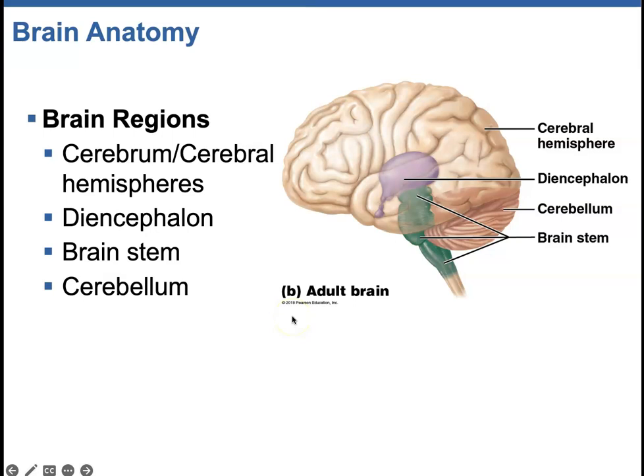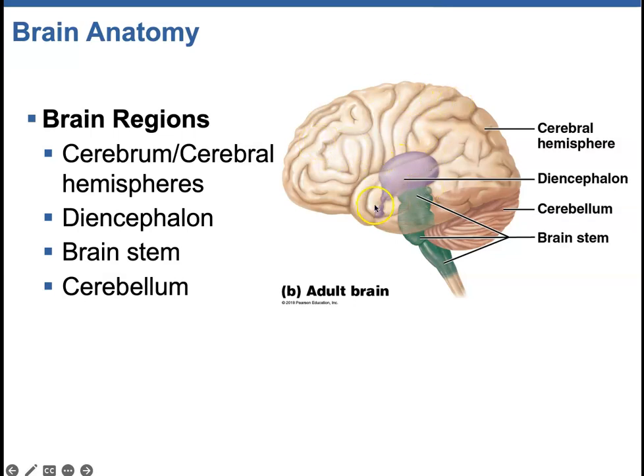Then in terms of the actual brain anatomy, we're going to go through what the brain regions do, generally describe what the lobes are, then what the brainstem does, and then get into the cranial nerves. This whole piece where you see these crinkles is a hemisphere. We have two hemispheres, left and right, and this is the cerebrum.